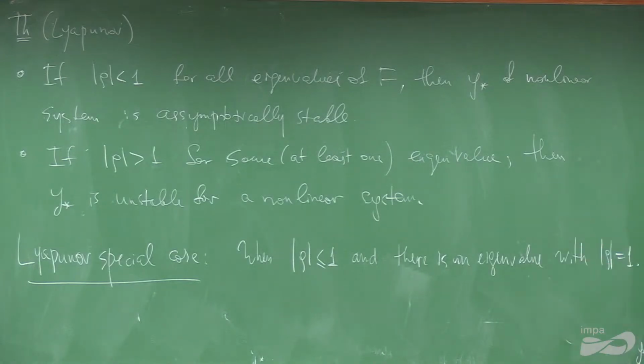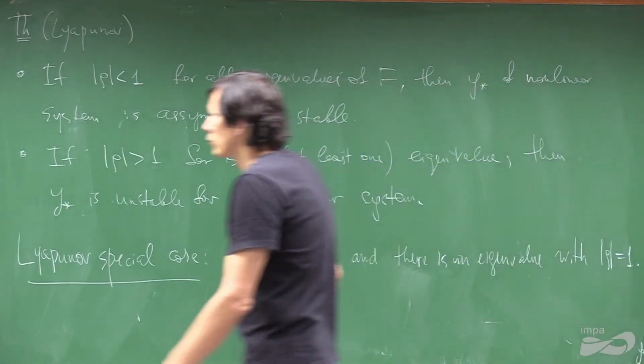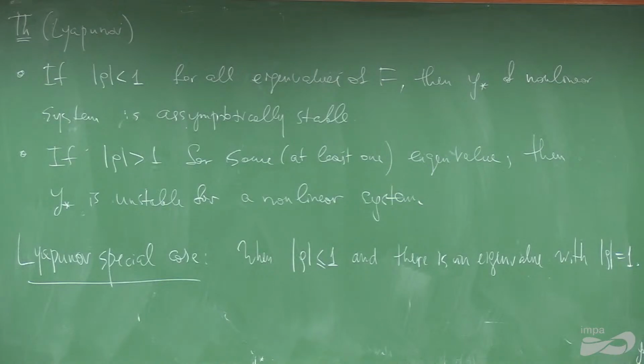So the same situation. The linearized system is working for all times in the first case, and we know that it never works for all times for the second case. So we have a very strong criterion. Just knowing eigenvalues of the system, we know what happens in the original equation near the equilibrium.